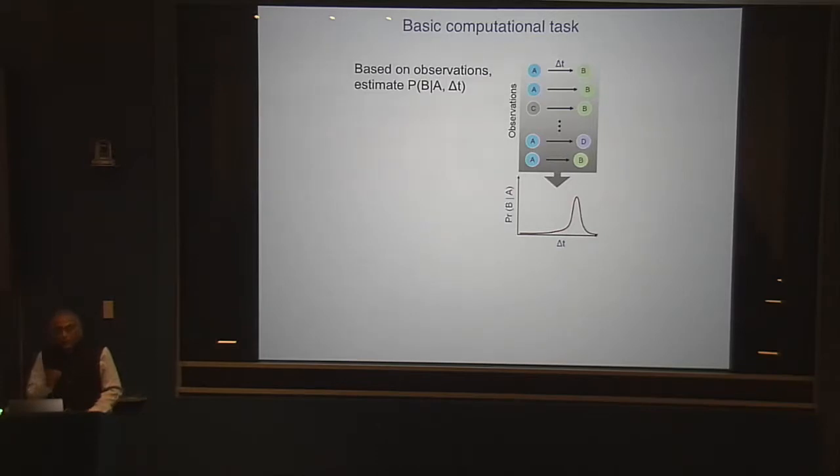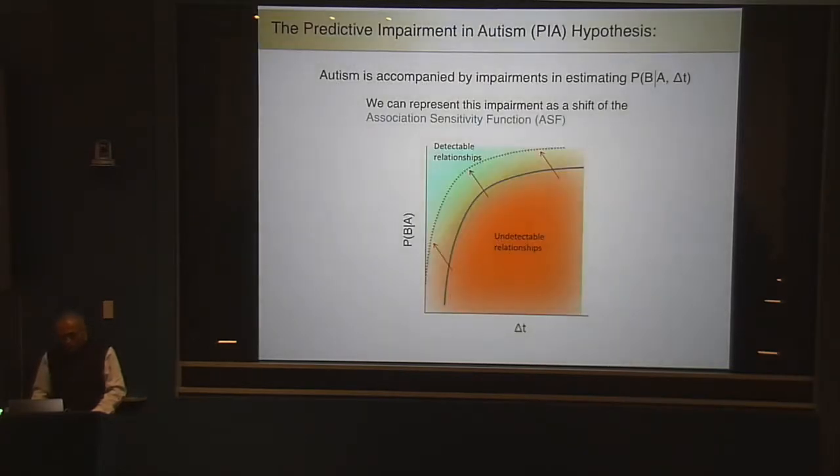If this computation were to be compromised, then it stands to reason that one's performance in these domains would be significantly affected. And that leads us to the hypothesis that John had mentioned. We call it the PIA, or the Predictive Impairment in Autism hypothesis.